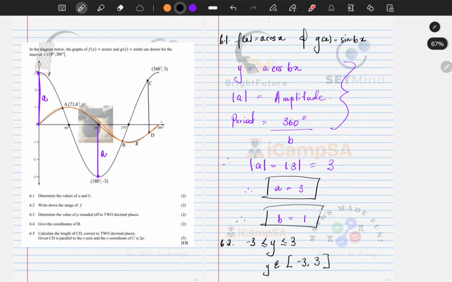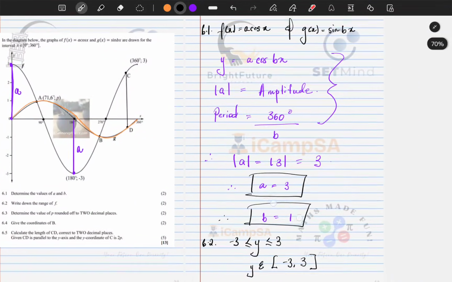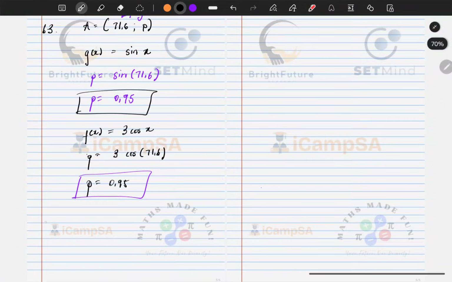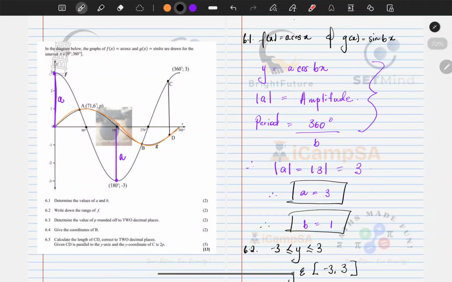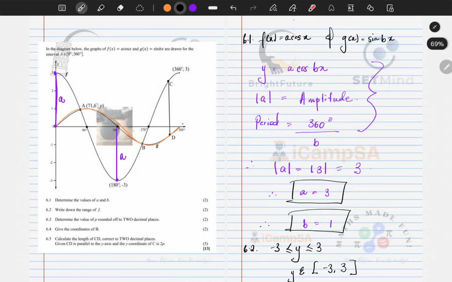So 6.4, it says determine the coordinate of b. So I want you to notice something, b, right? So if you look at this graph, b is symmetrical about a, right? So it forms a symmetry, right? Because also g of x is just a normal sine graph, so it means that it will form some part of symmetry, right?